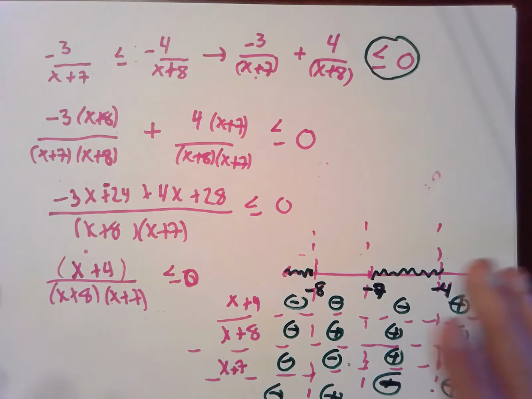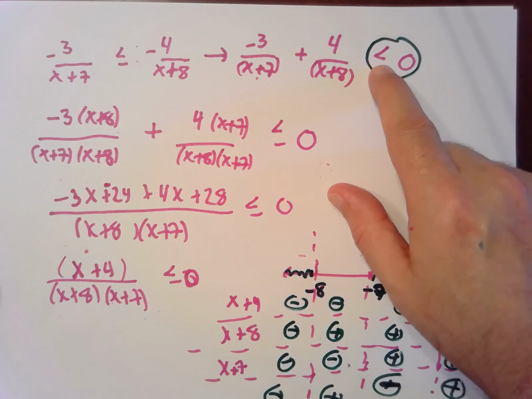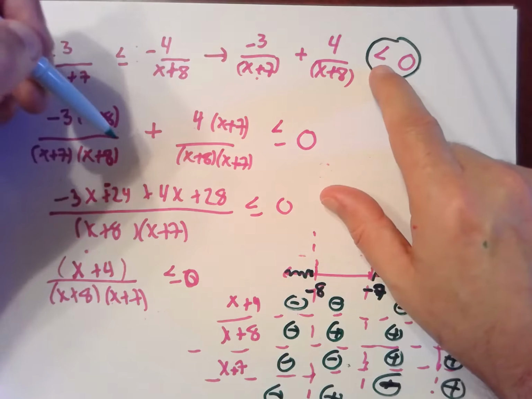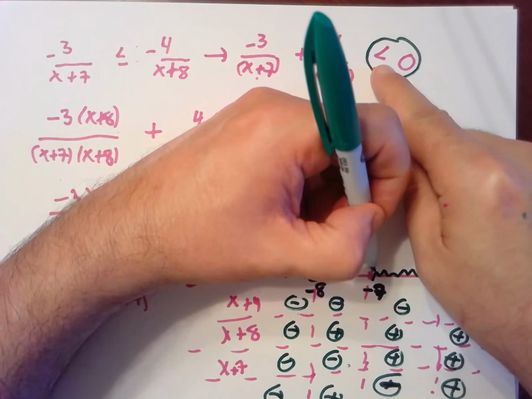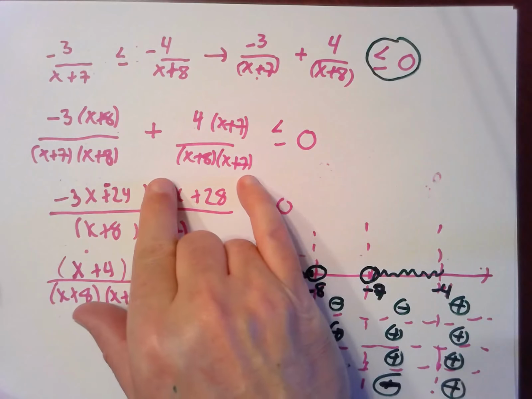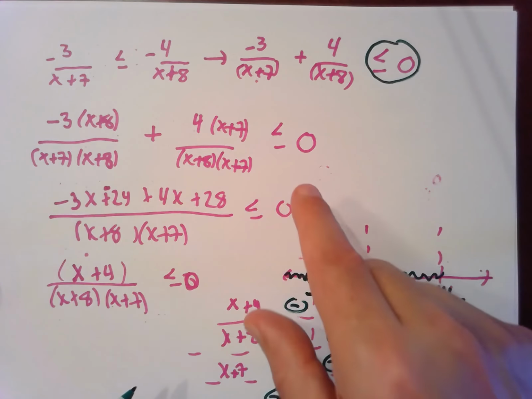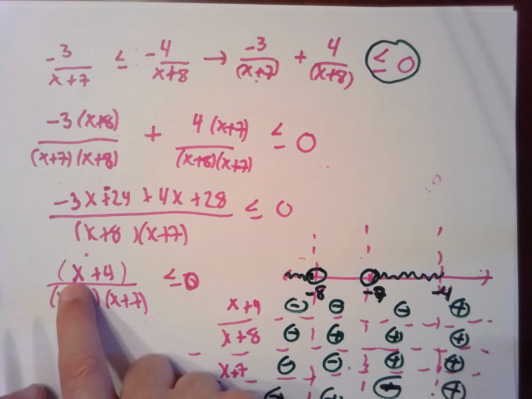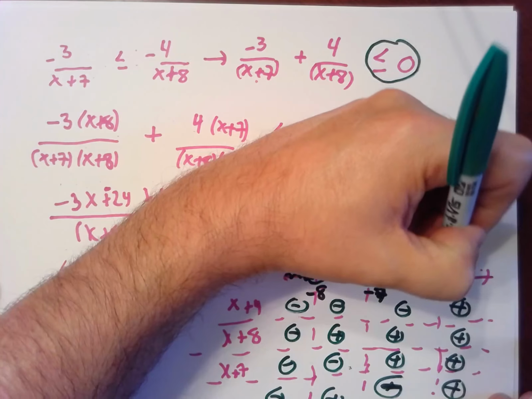I don't care if I got the less than or equal to or not. Whether or not I have the equal to, guys on the bottom are excluded. So that would be the -7 and the -8 are both excluded. Because I am allowing for equal to 0, the guy on top, the -4, is okay. He's a solid.